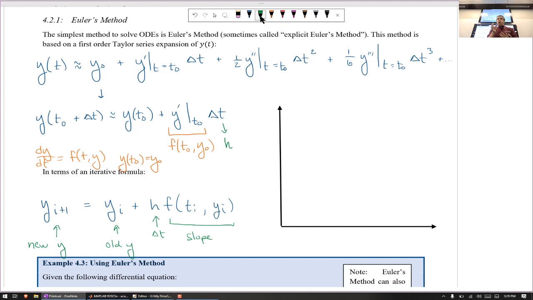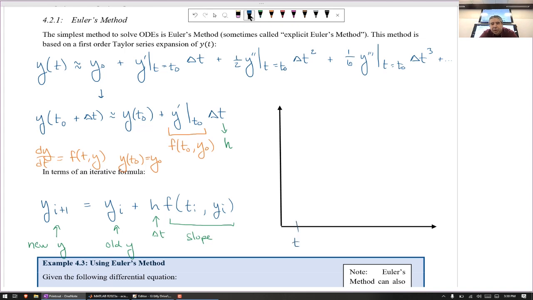If I know the slope that my y is going off in, and I multiply it by my time step, then that's my step in y. So this is our Euler's method formula. If I start out with i equals 0, or i equals 1, then I can solve for the next y. That next y will then give me the y after that, and over and over again. So let's write this out graphically.